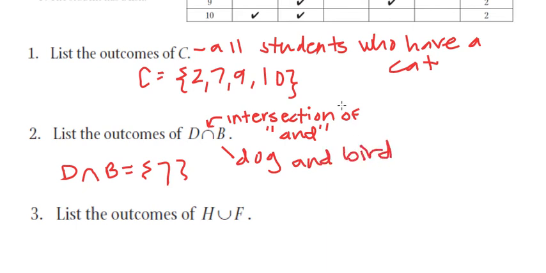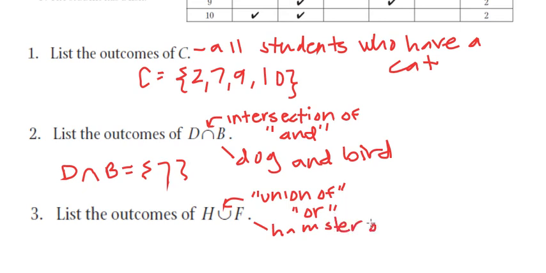Now, the next one here is asking us H or F. So this symbol here means the union of, and it means or. So here it's asking us how many students have a hamster or a fish.